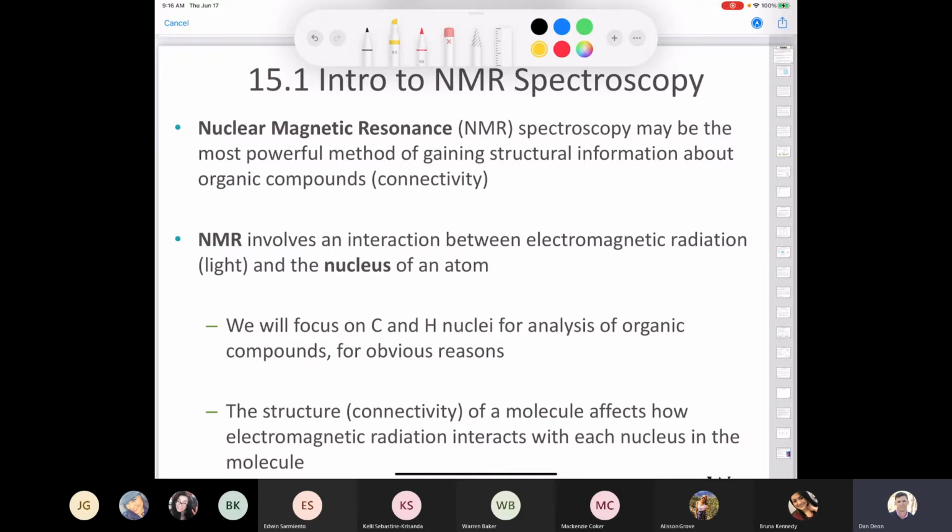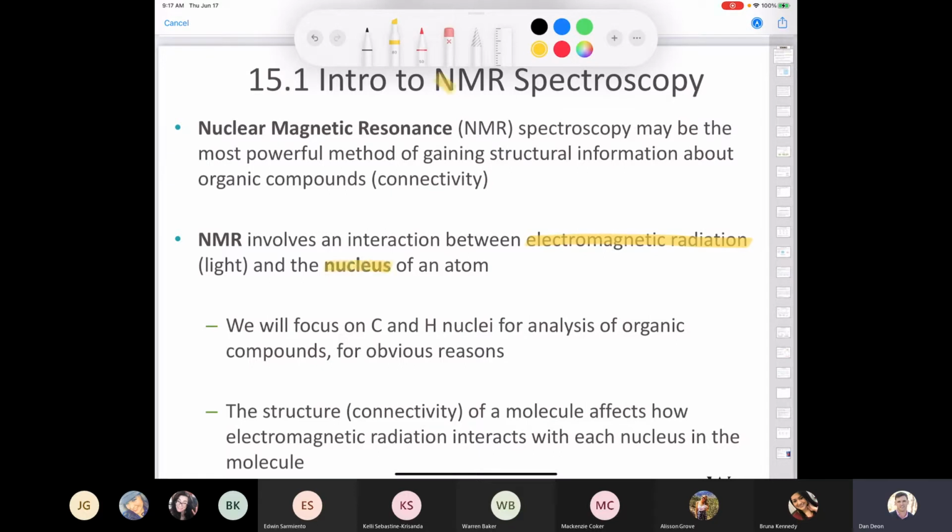However, in IR, we looked at the interaction between infrared light and bonds in functional groups, whereas in NMR, we look at the interaction between electromagnetic radiation in the radio frequency range and the nucleus of an atom.